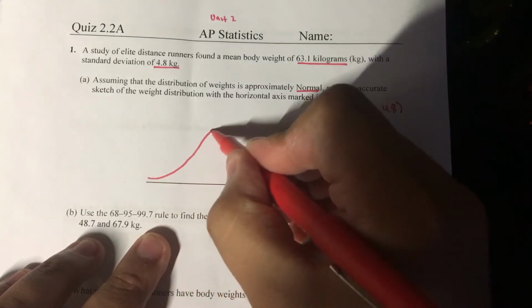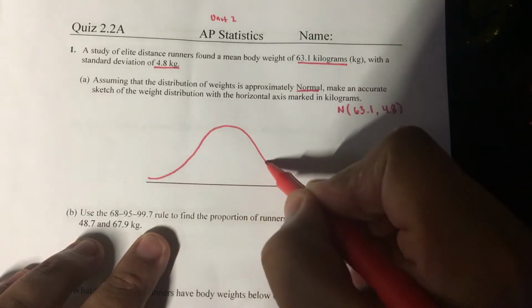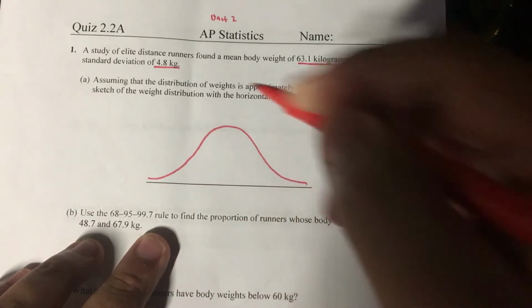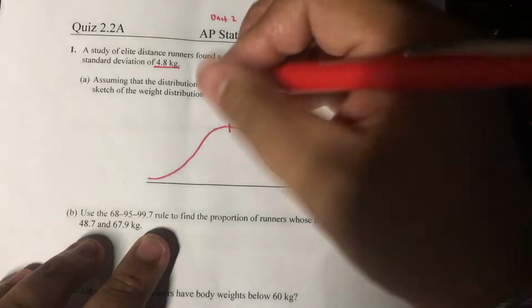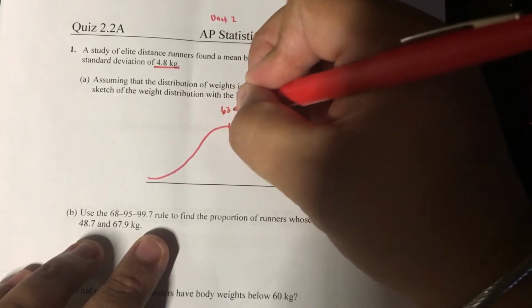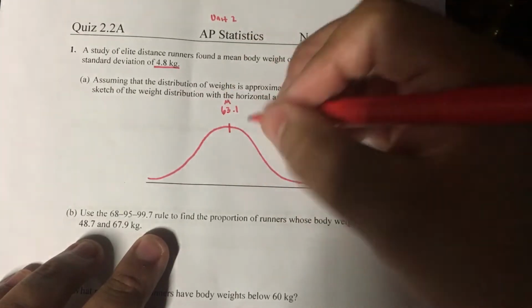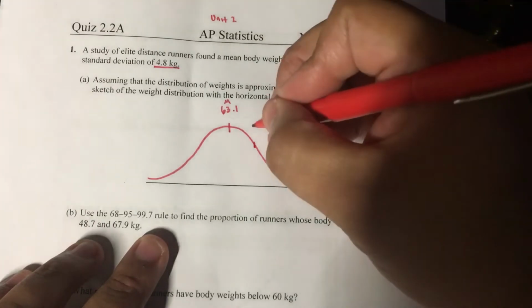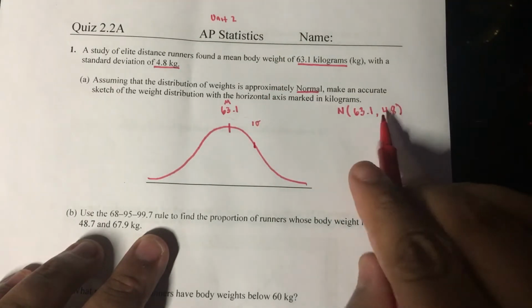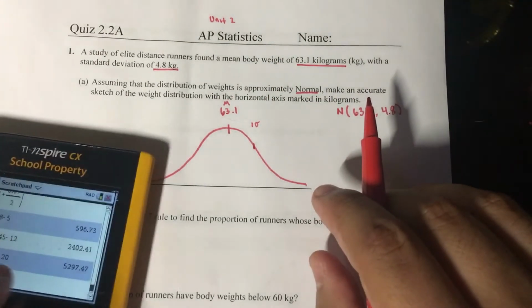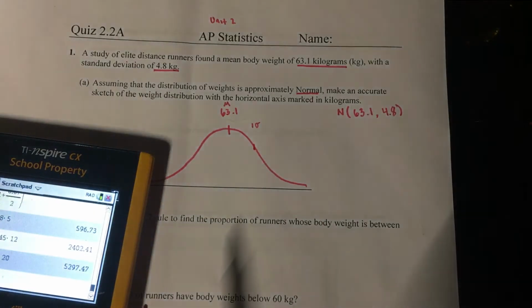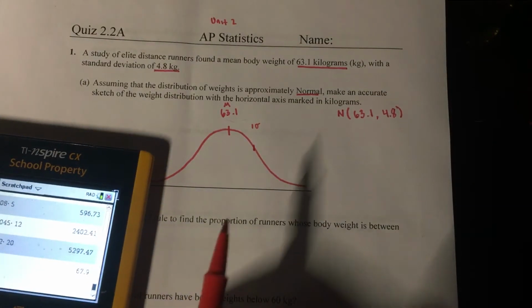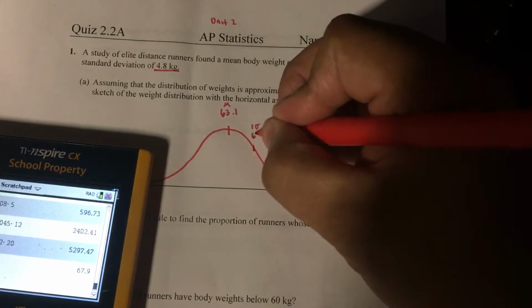So remember, normal distributions are like this. Here they said the mean was 63.1. One standard deviation is 4.8, so I would just add 63.1 plus 4.8, which makes this one 67.9.